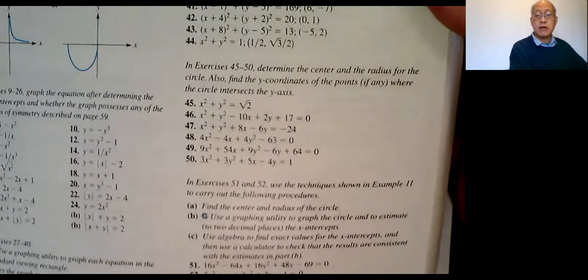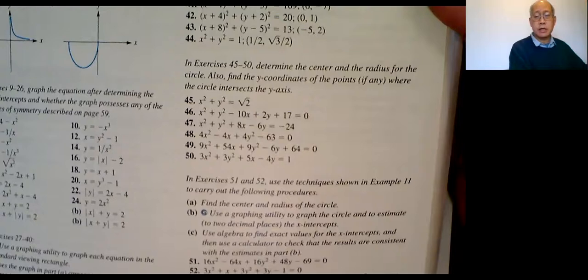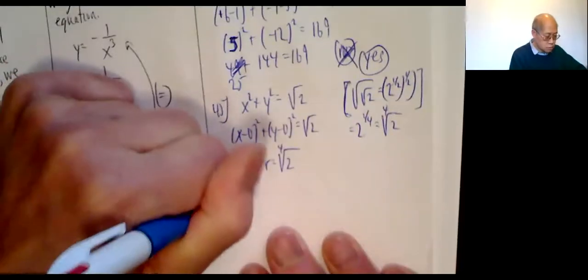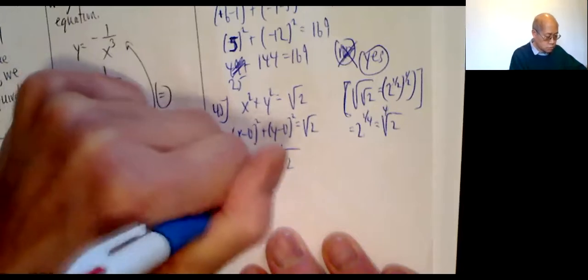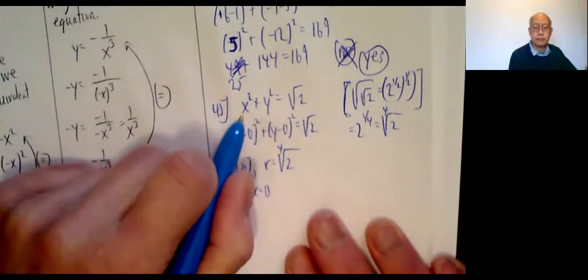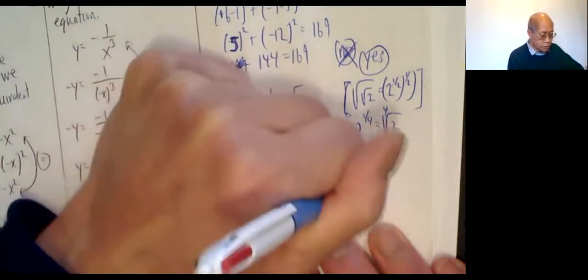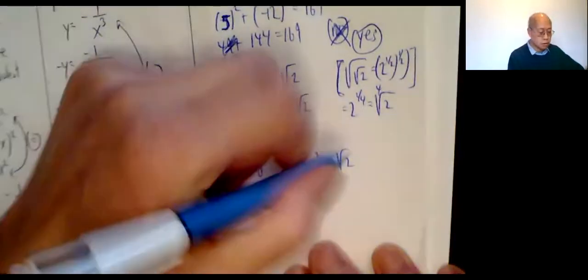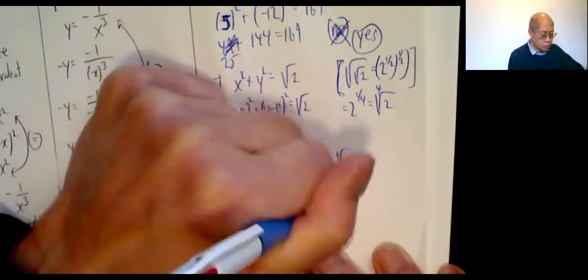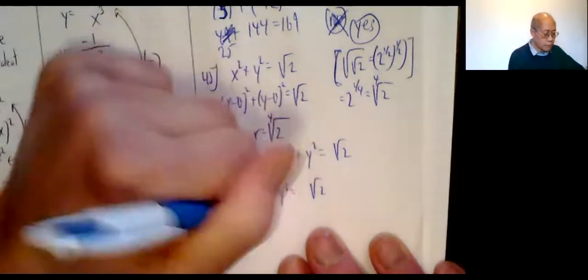The second part of the problem says, find the y-coordinates of any points where the circle intersects the y-axis. Okay. Y-axis means x equals 0. So I plug in 0 right there. So 0 squared plus y squared equals radical 2. Y squared equals radical 2. Do the square root property.